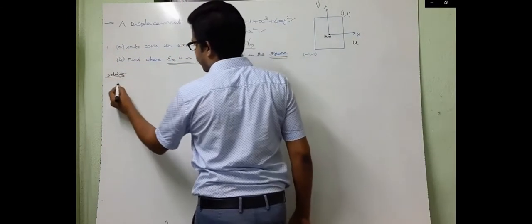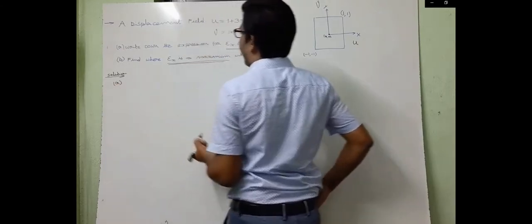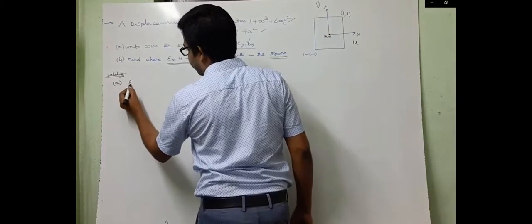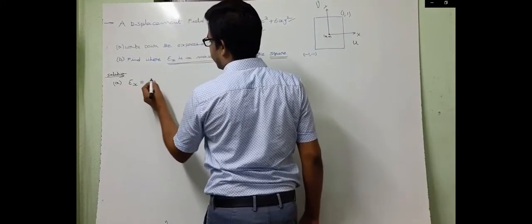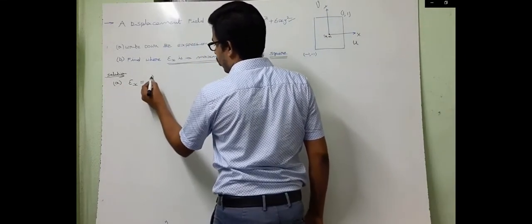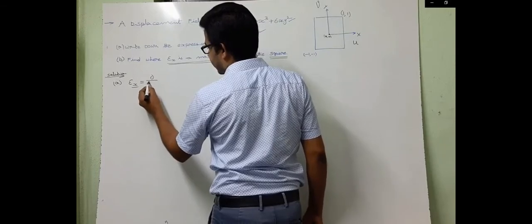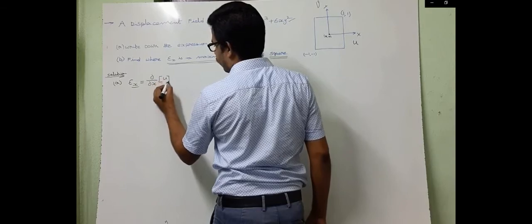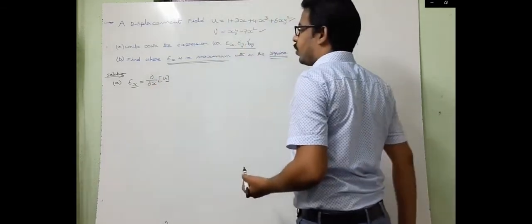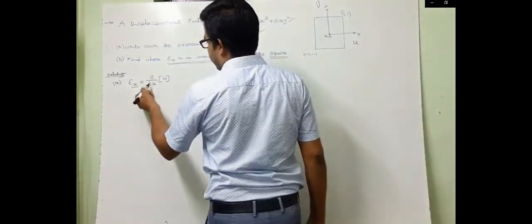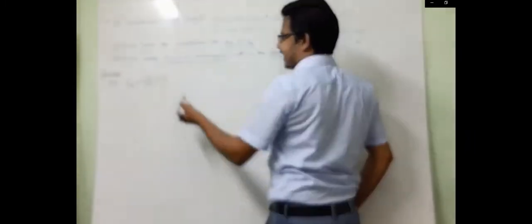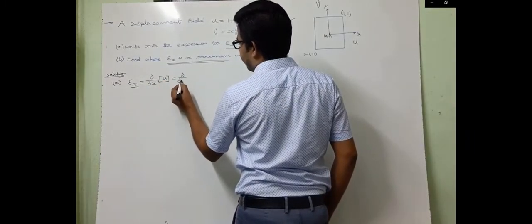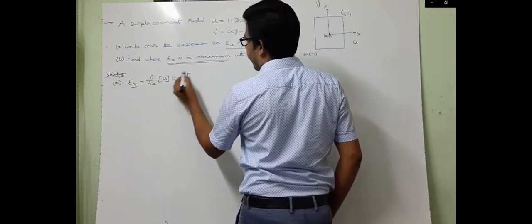Solution. First question. A. Write down the expression for epsilon x. So here epsilon x is equal to, what is the formula for epsilon x? Dou by dou x of u. So here dou u by dou x. So partial differentiate with respect to x, that equal to dou by dou x of, what is the u value?